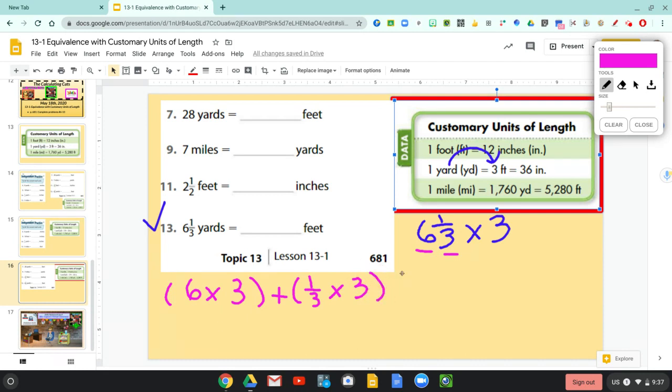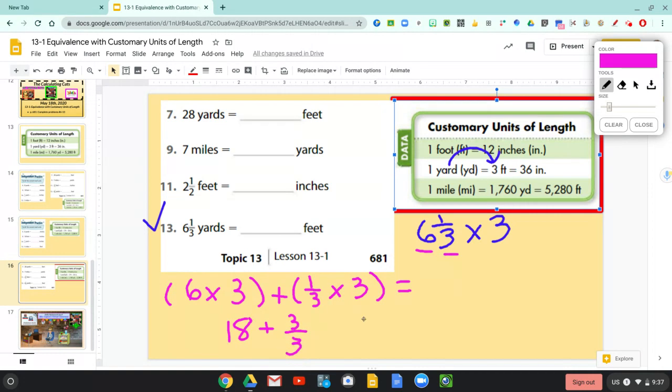So 6 times 3 is 18. Plus 1/3 times 3. So the numerator 1 times the whole number. 1 times 3 is 3. And my denominator is 3. And 3/3, you guys know what that's equal to.